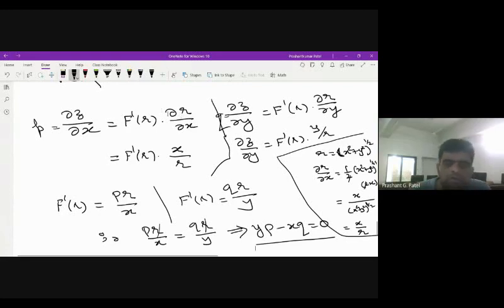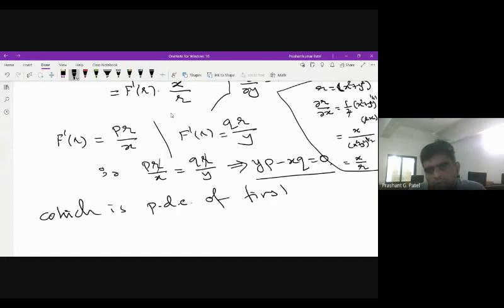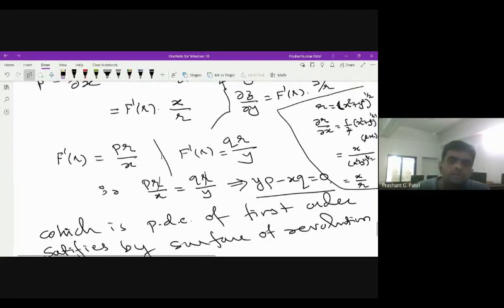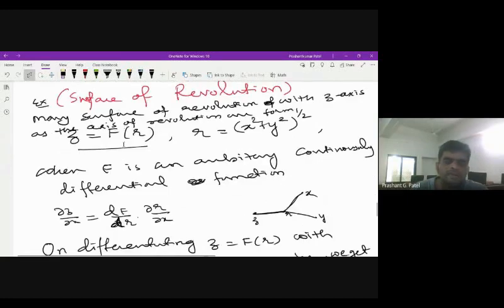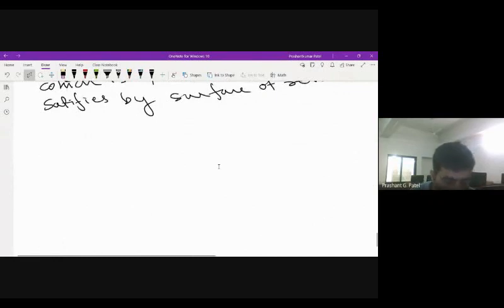So this is a first order PDE satisfied by the surface of revolution of the form which is given here, that is z is equal to f of r, and r is a function of square root of x square plus y square.